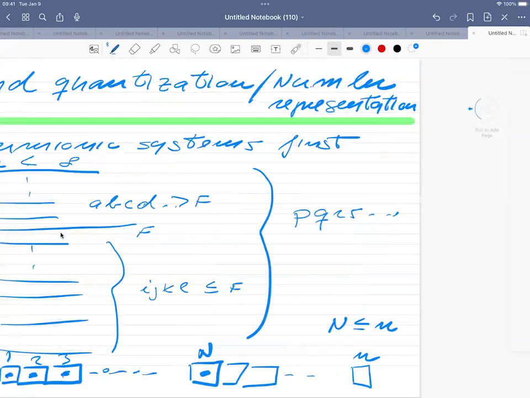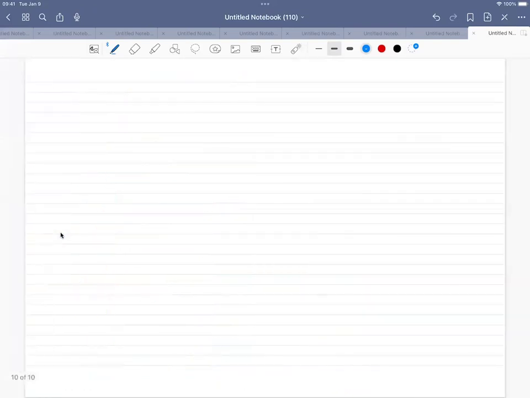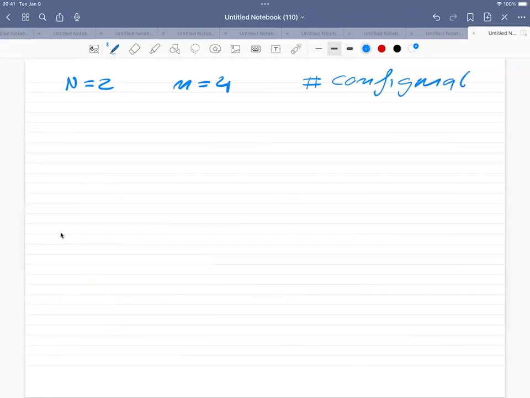So if we now look at the system with 2 particles and 4 levels, so N equal 2 and little n equal to 4, the total number of arrangements you can make, and this is relevant for one of the exercises this week, exercise 2. So the number of arrangements, and this means the number of configurations, is equal to n choose N, like the binomial factor.